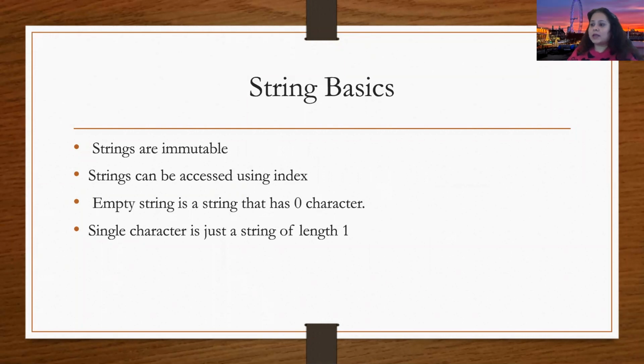One very important characteristic of a string, which is also asked during quite a few interviews, is that strings are immutable. Now what that is, we will see in the next slide. But just to mention, when we say strings are immutable, we mean that once a string object is created, it cannot be changed.